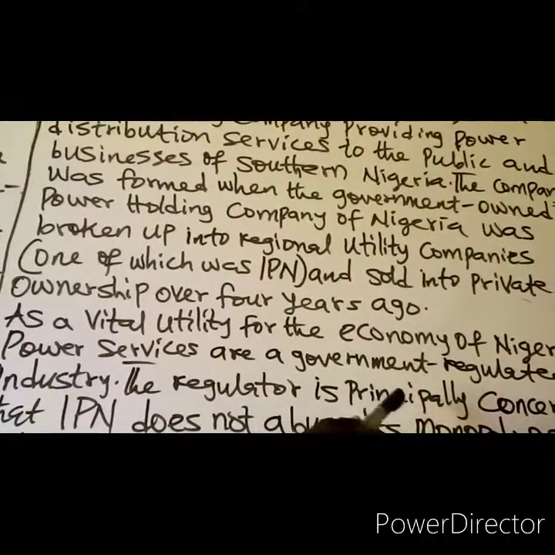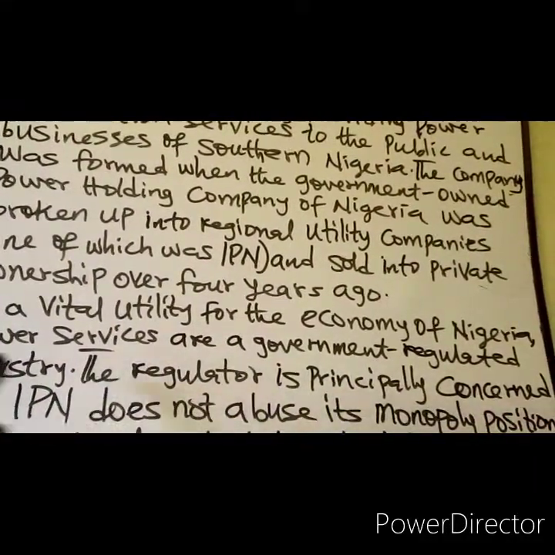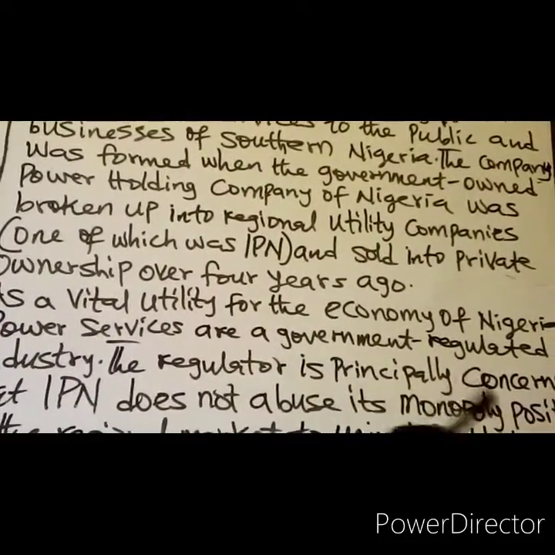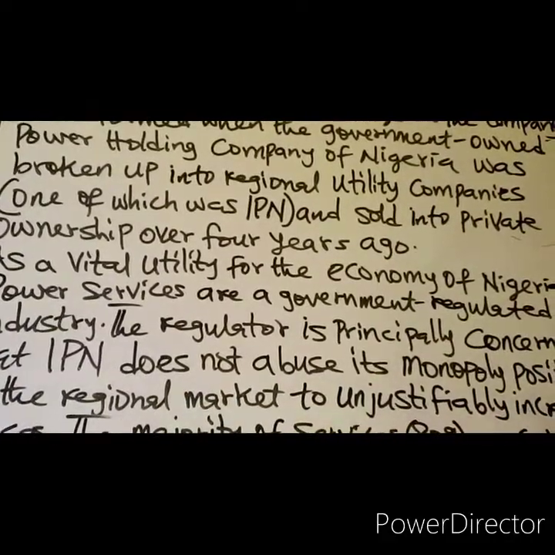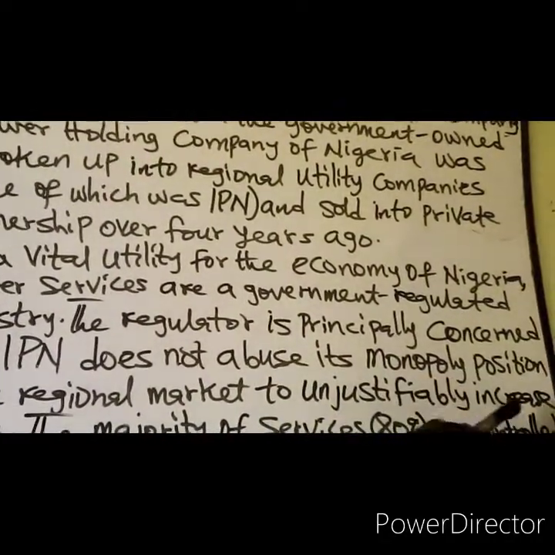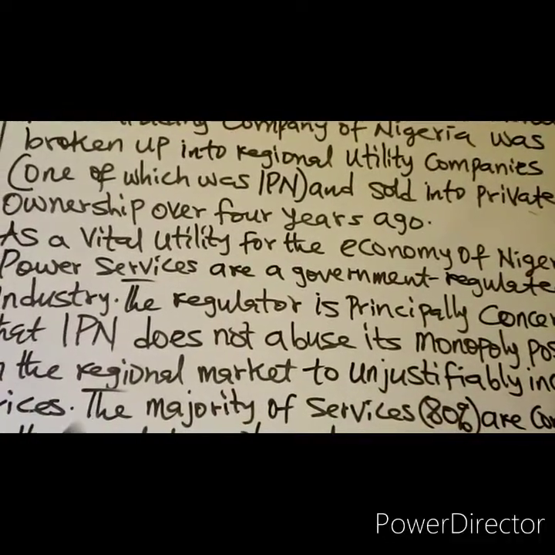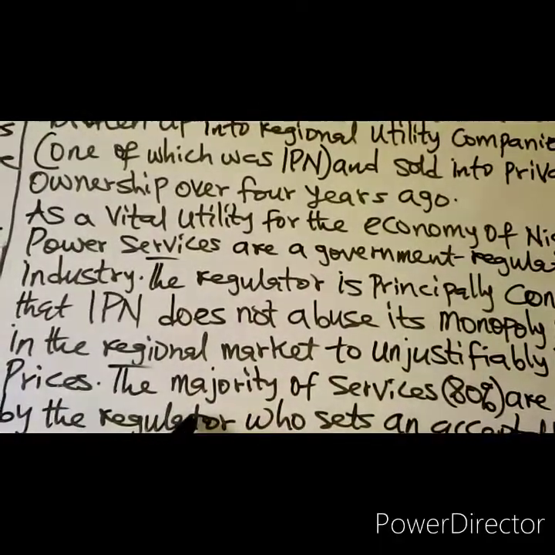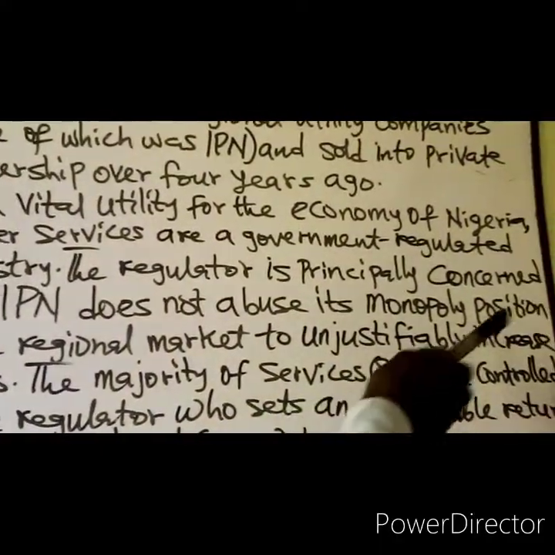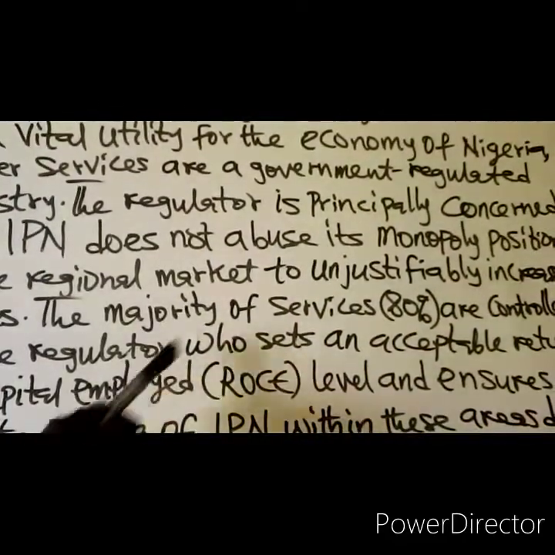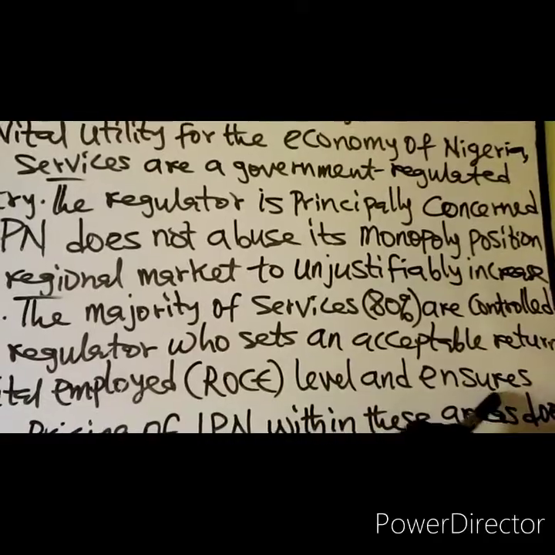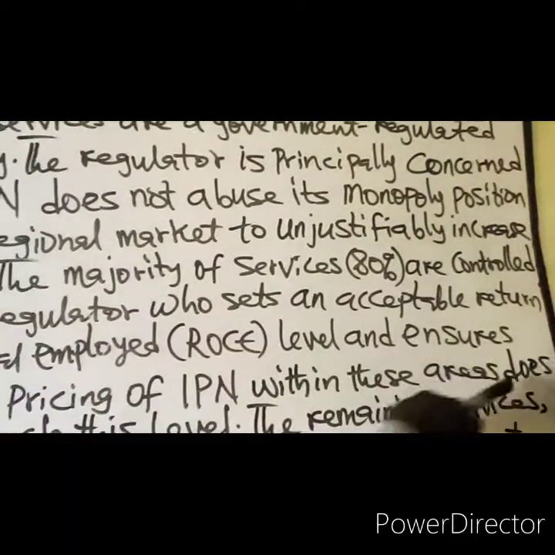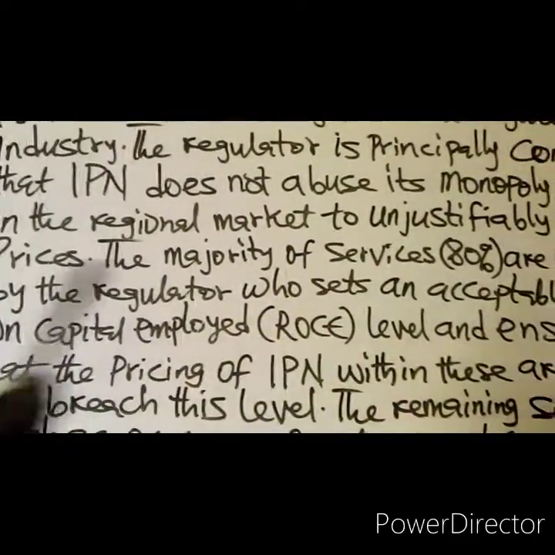The regulator is principally concerned that IPN does not abuse its monopoly position in the regional market to unjustifiably increase prices. The majority of services, 80%, are controlled by the regulator, who sets an acceptable return on capital employed, ROCE, level and ensures that the pricing of IPN within these areas does not breach this level.